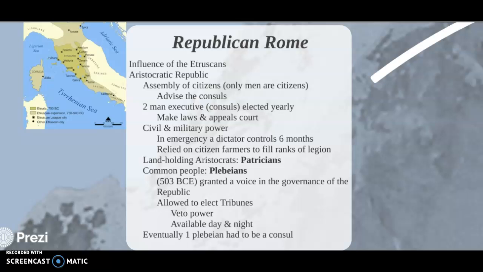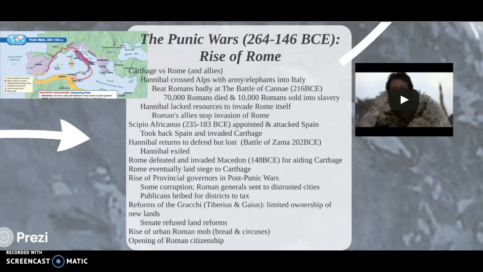In fact, Julius Caesar is one of the reasons he'll be executed: he's seen as being part of the aristocratic class, but appealing too much to the plebeian cause. This will be a power struggle throughout the aristocratic republic all the way to the rise of the emperors. Now, the thing that pushes this tension to the forefront is the Punic Wars.